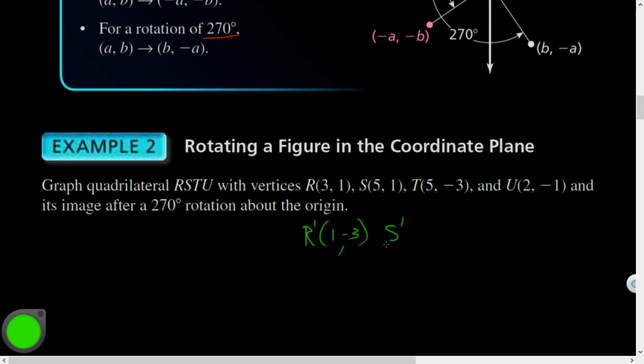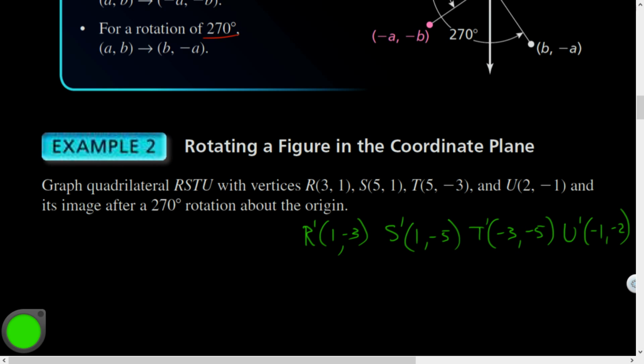So what would S prime be? 1, negative 5. I like it. What would be T prime? Negative 3, negative 5. And U prime? Negative 1, negative 2. Yeah.